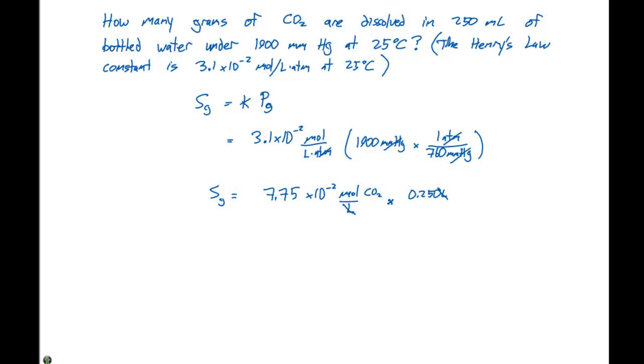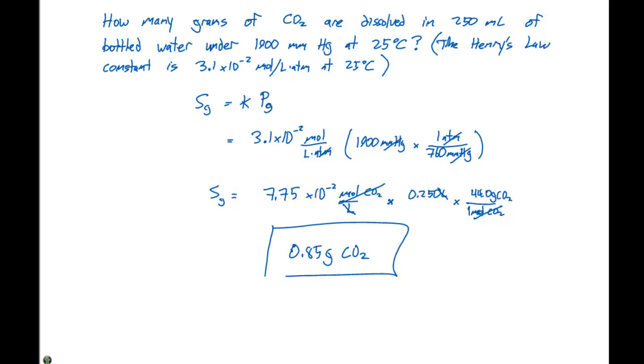That leaves us with moles of CO2, and we know that for every 1 mole of CO2, we have 44.01 grams of CO2. So now our moles of CO2 cancel, and if we want to figure out how many grams, we take 7.75 times 10 to the minus 2 times 44.01 times 0.250, and the grams of CO2 are 0.85 grams. Okay? And this is the amount that will dissolve under these particular conditions.